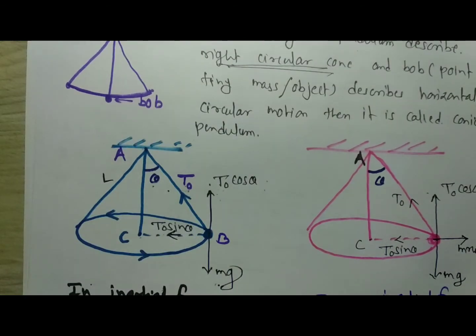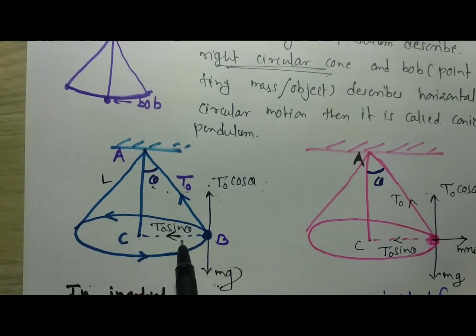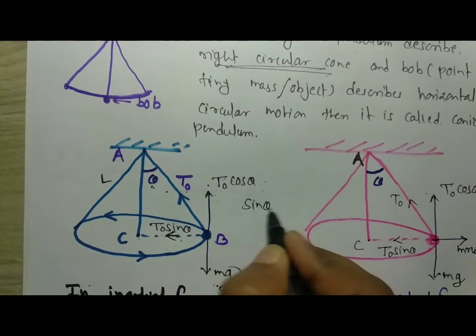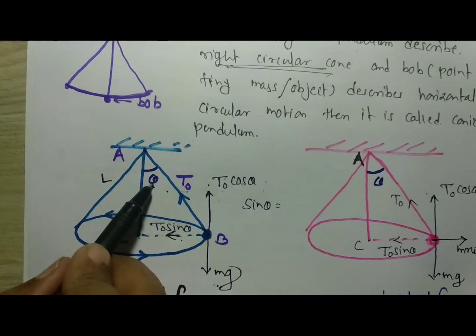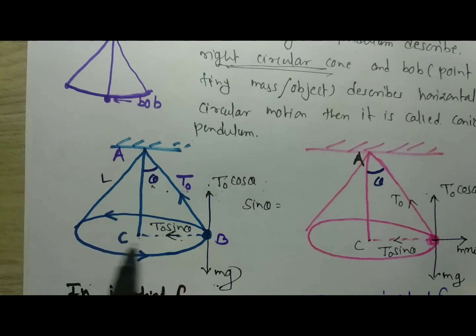Sin theta means opposite side divided by hypotenuse, and in triangle ACB this is theta.